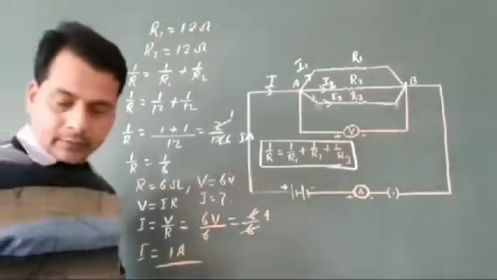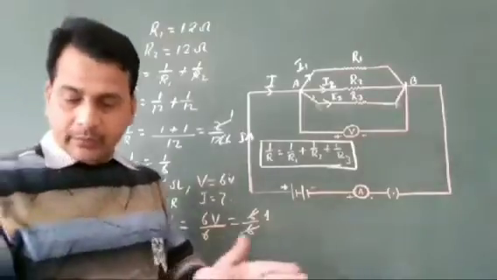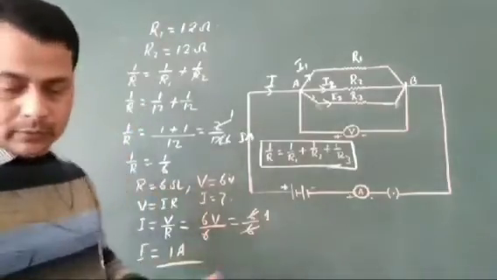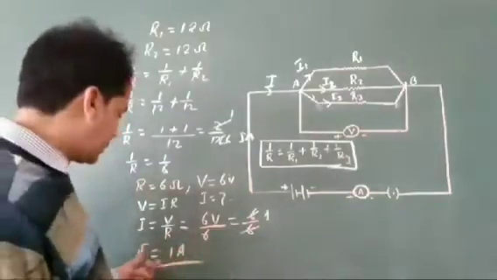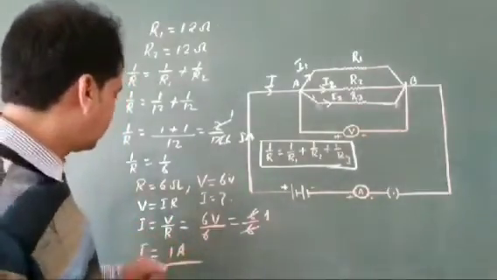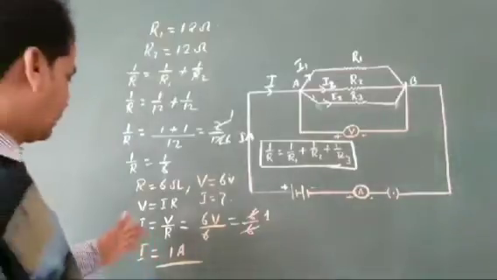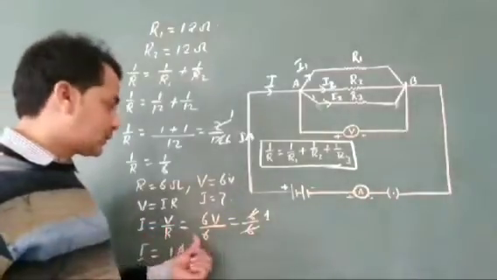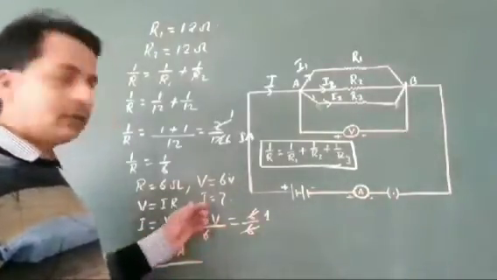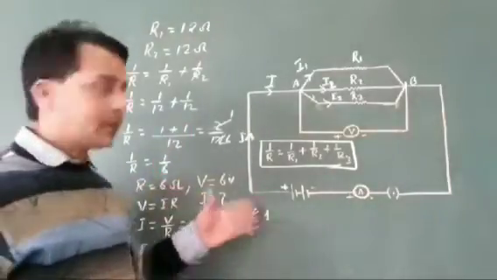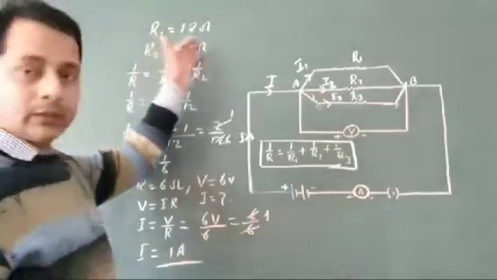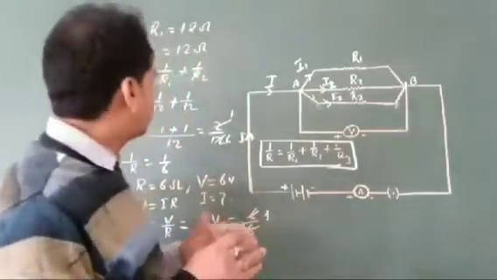According to the question, find the current from the battery. The current from the battery is 1 ampere. The potential difference is given in volt, and the equivalent resistance is 6 ohm, because the two resistors are combined in the parallel combination.